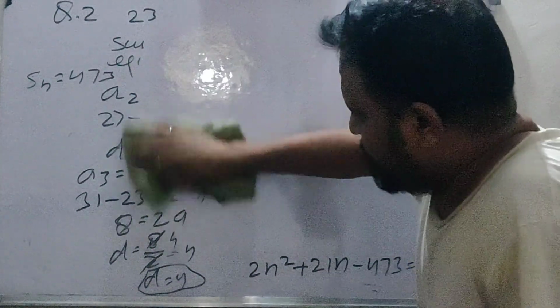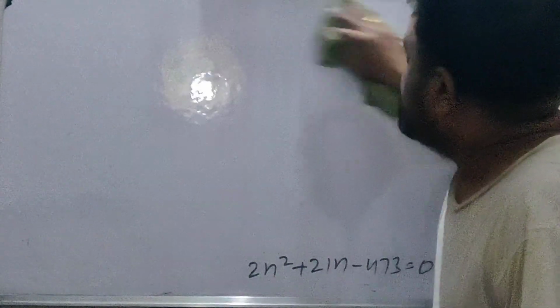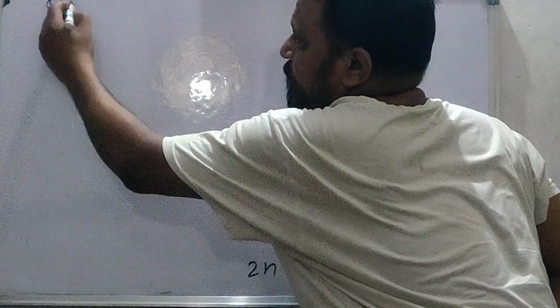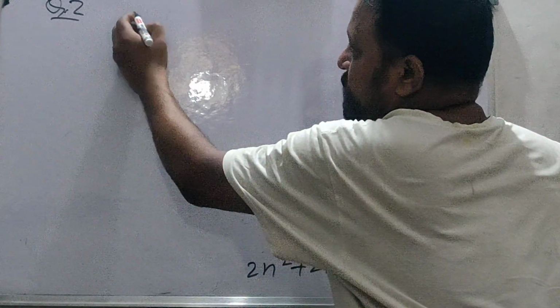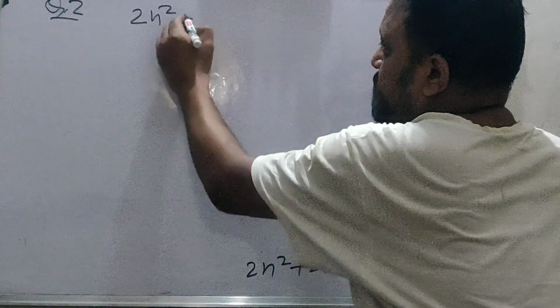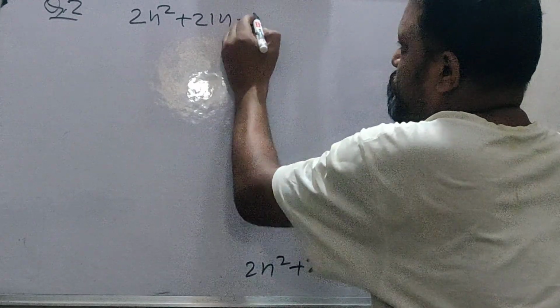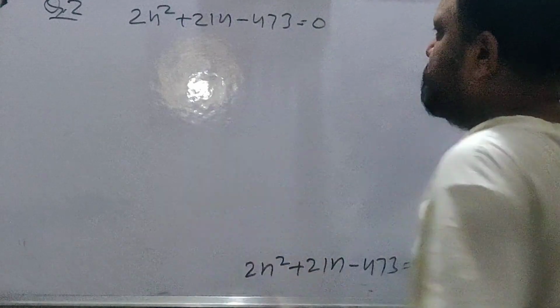So still question number 2 is continued, and the equation we get is 2n square plus 21n minus 473 is equal to 0.